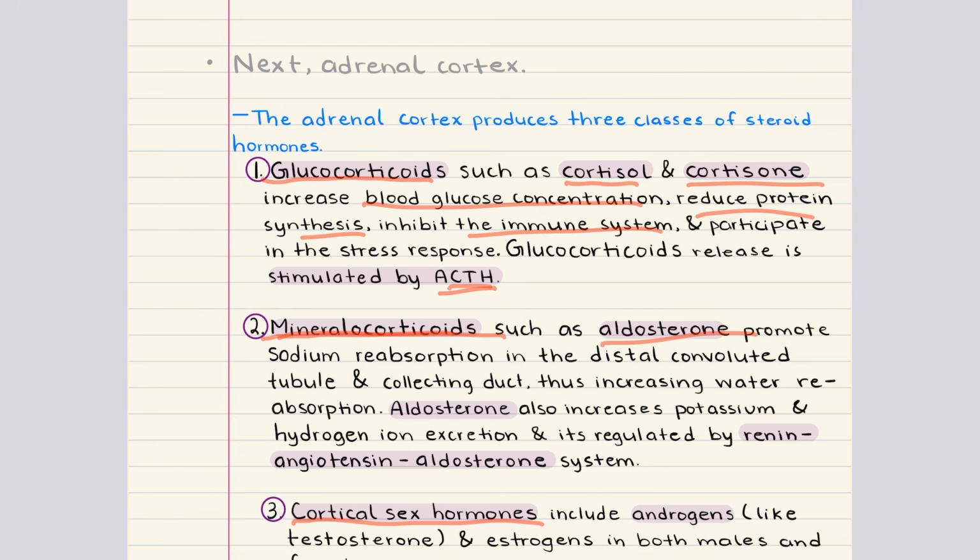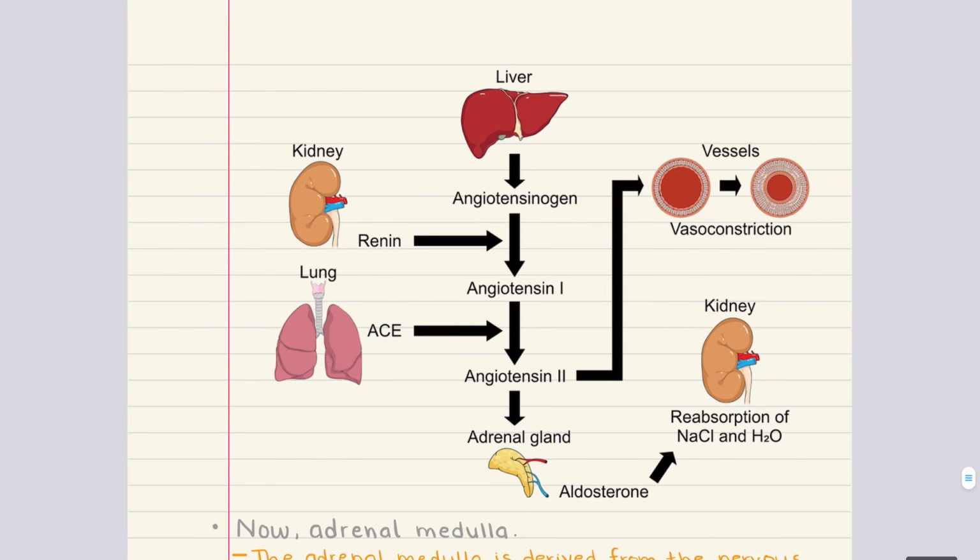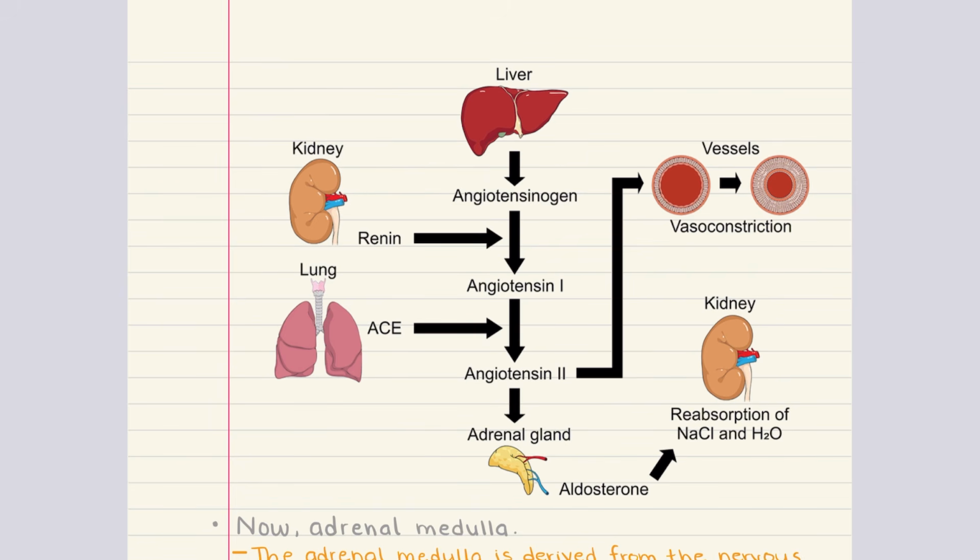Instead, it's part of the renin-angiotensin-aldosterone system. That's what's shown here, and we're going to go over this in detail. When blood pressure or blood volume is low, the kidneys are going to release renin. Renin converts angiotensinogen, which is a protein made by the liver, into angiotensin 1.